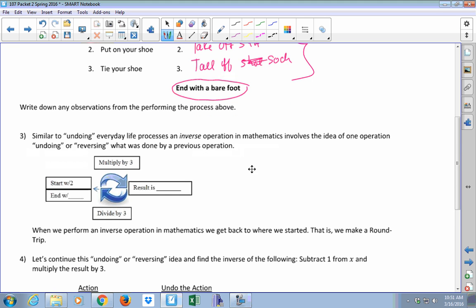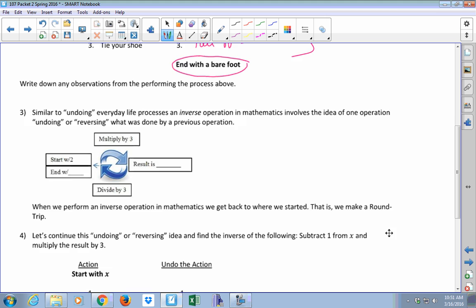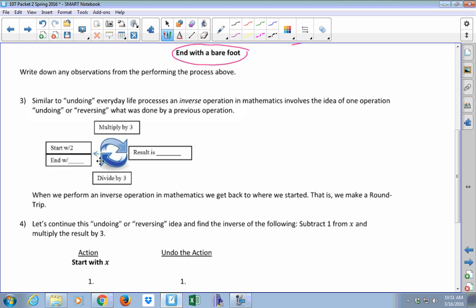If we take this idea now and relate it a little bit to mathematics: if I start with the number 2 and I multiply it by 3, I get 6. So we start with 2, we multiply it by 3, we end up with 6. If we now take that result, 6, and divide it by 3, notice just like with the barefoot, we're right back to where we started, to 2.